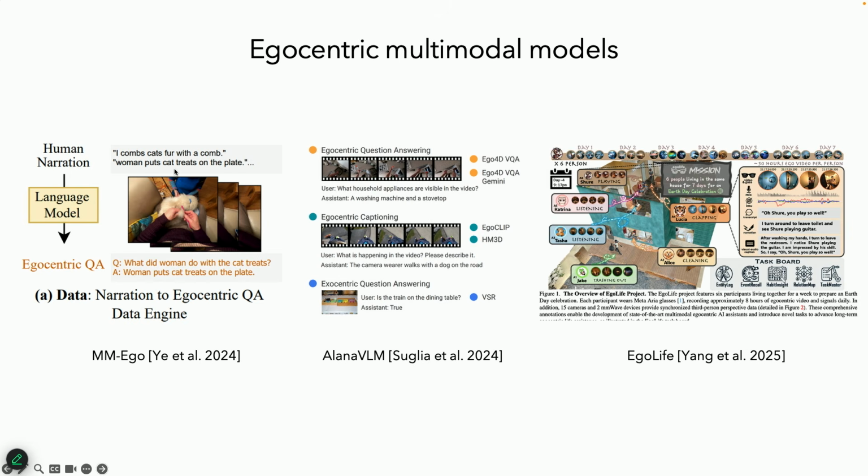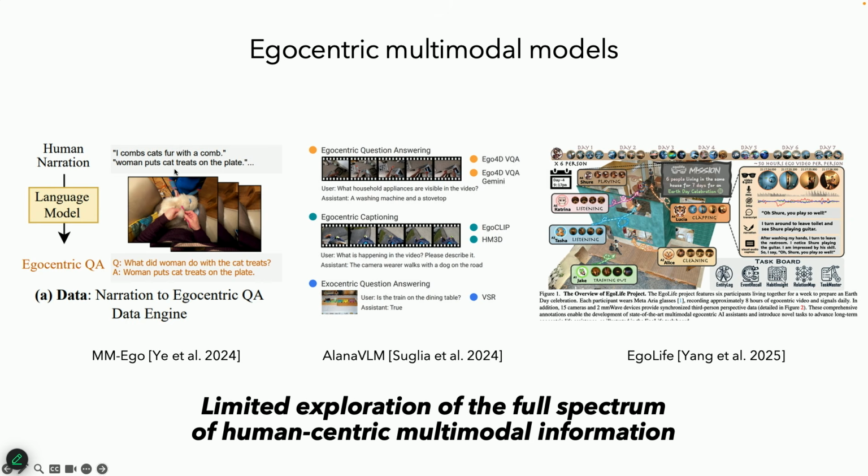Recently, people also consider other types of modalities, for example, 3D human motion, maybe IMUs, maybe audio. For example, this EgoLife dataset is very interesting. It also includes other types of modality. But I think current exploration is still limited in exploring the full spectrum of human-centric multimodal information.